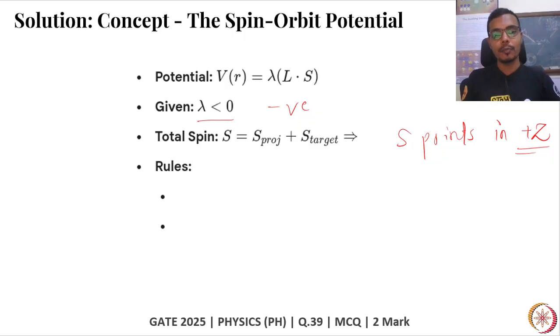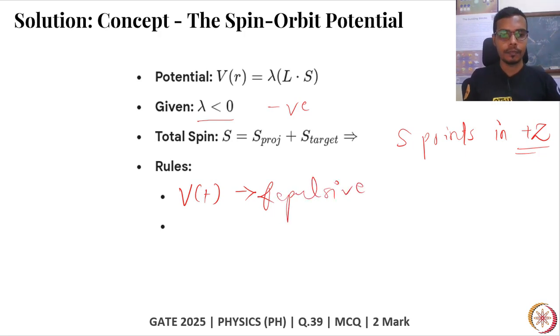Now the sign of the potential V tells us the nature of the force. If V turns out to be positive, the potential is repulsive, pushing the particle away from the target.